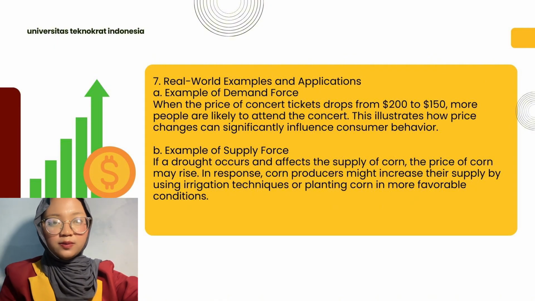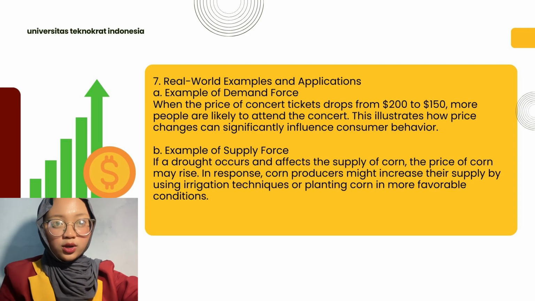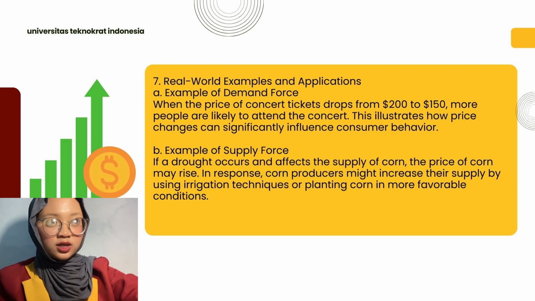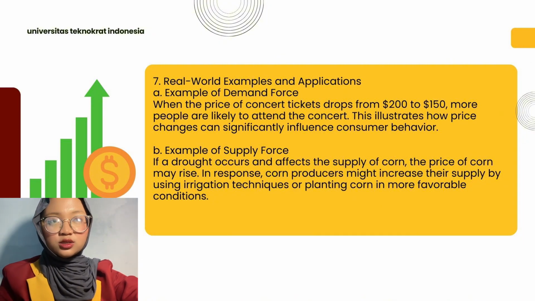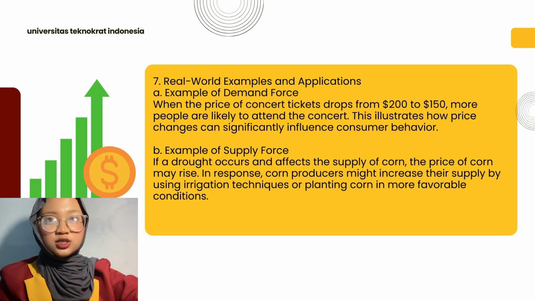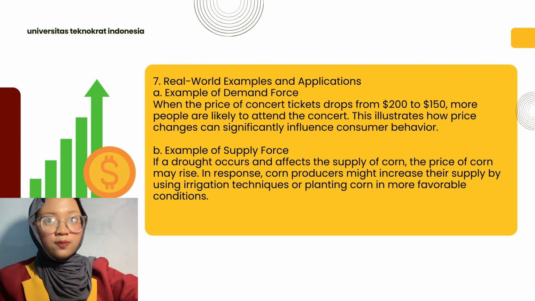Example of demand force. When the price of a concert ticket dropped from $2,000 to $1,015, more people are likely to attend the concert. This illustrates how price change can significantly influence consumer behavior.